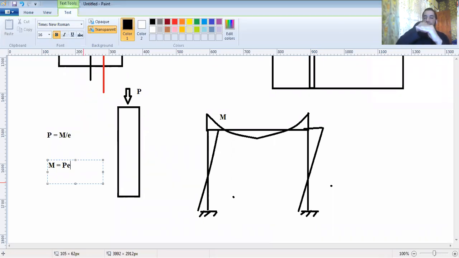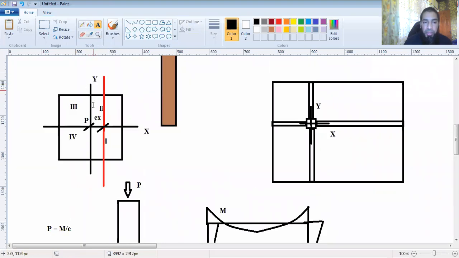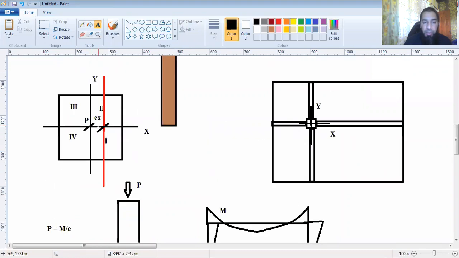That will be the moment generated about the cross section, at the center of this section. The moment generated through the center of this cross section, due to the eccentric load, is from the P load, which is acting perpendicular to the frame here, and then there is a lever arm E perpendicular to that.